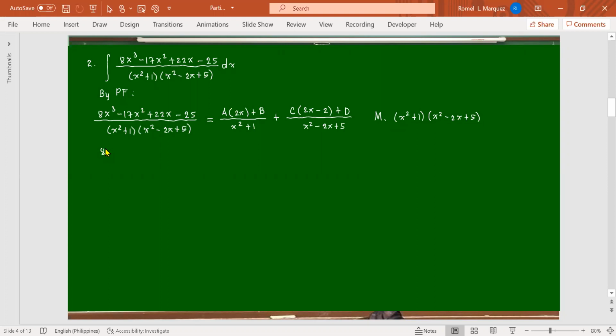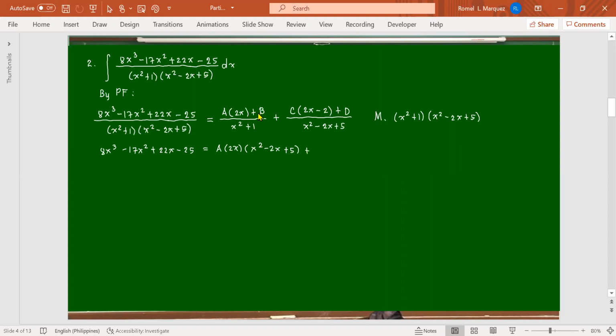So getting 8x cubed minus 17x squared plus 22x minus 25, and that is equal to a times 2x times, this is cancelled with this, so getting another factor x squared minus 2x plus 5.